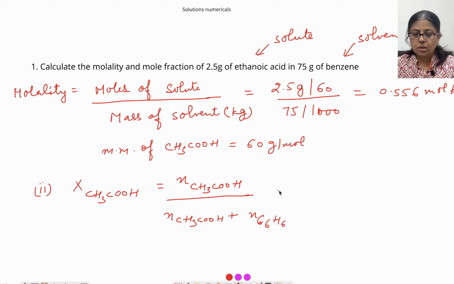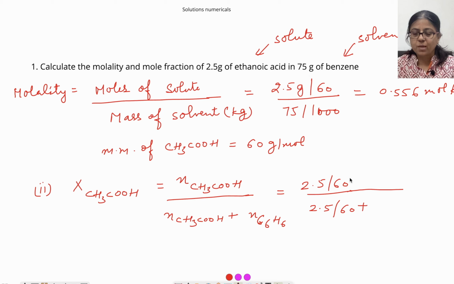So here we will first put down the values and then we will calculate the value of mole fraction for acetic acid. The number of moles of acetic acid, 2.5 gram by 60, we have already calculated here. Put down the values, 2.5 by 60 and divide it by again 2.5 by 60 plus the number of moles of benzene.